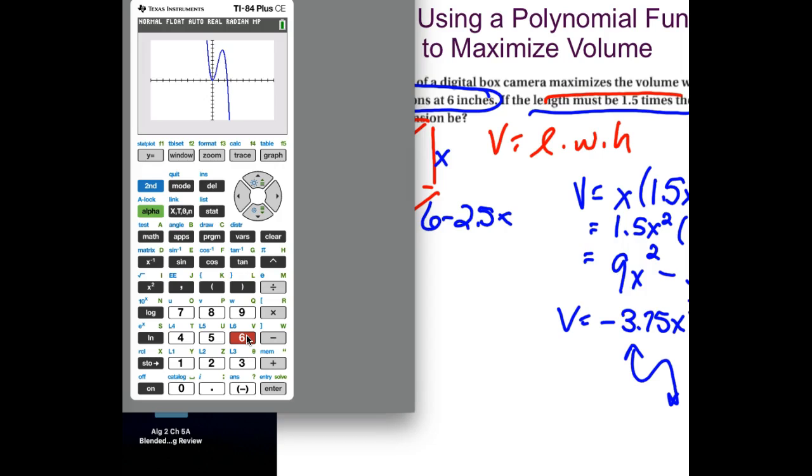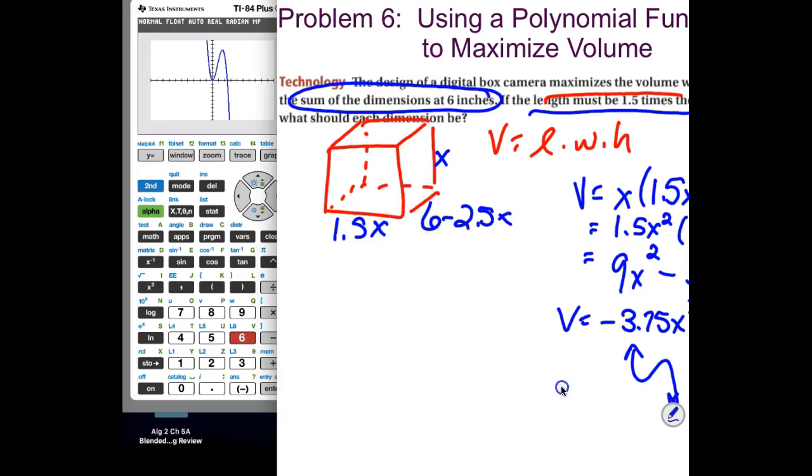Do I see enough of my graph? Yes. They are asking me to maximize the volume. And the way we've graphed this, our x-coordinate was our height, and our y-coordinate was the volume.